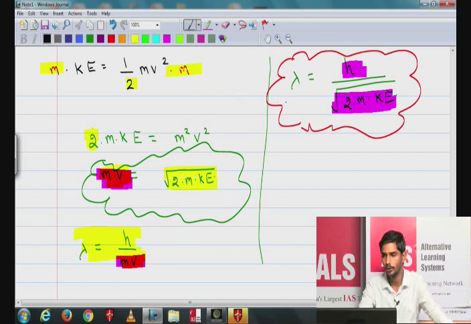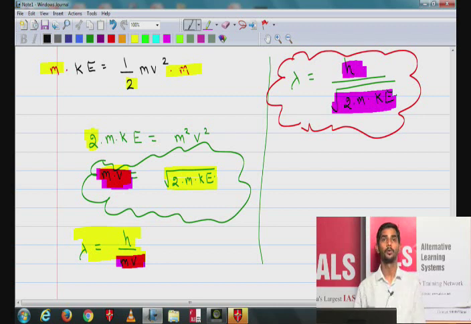Or do you still have some doubt? Okay, that's fine. So guys, this is the de Broglie concept. Remember, numericals are again very important, based on this concept that we have to discuss.